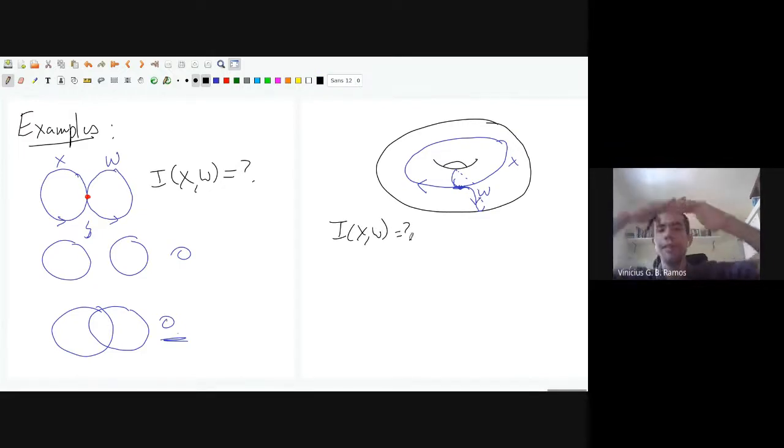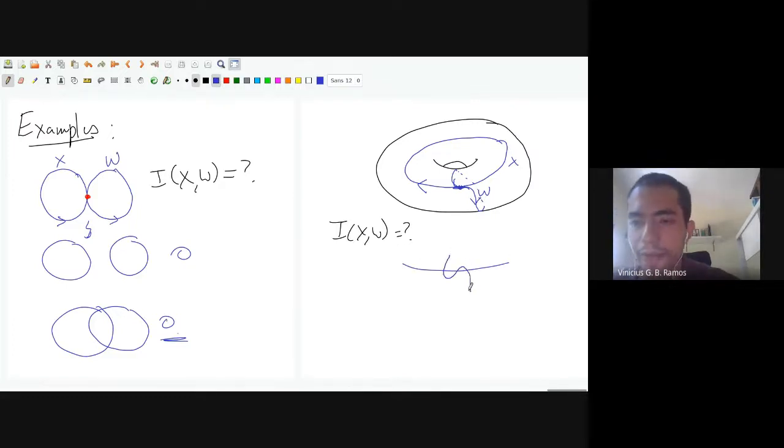If you just perturb this so that they're no longer horizontal, and they no longer have the tangent space coincide, you can do that in two ways. You can perturb it like this, or you can perturb it like this. So let me do the more interesting one. So you have this one, you can perturb your W like this. And of course, you can perturb your W like this.